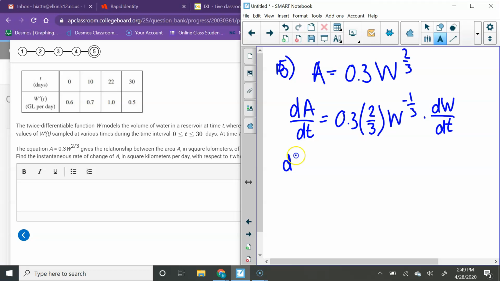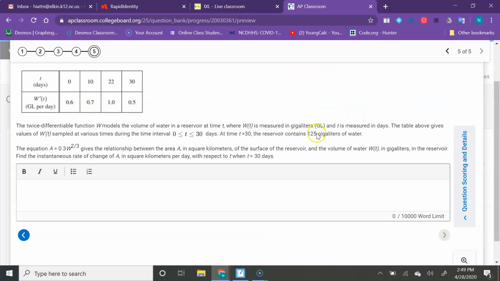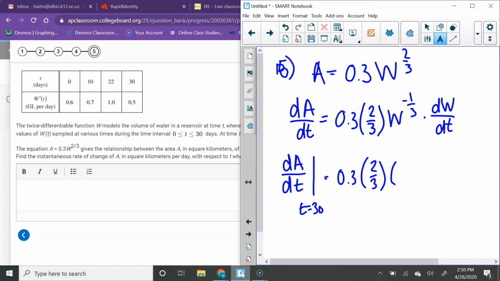And so if we're finding dA dt such that t equals 30, then that's going to be 0.3 times 2/3, and then W of 30 is going to be 125, because that was given to us in the original point. That's what we've used for all these other parts. So this is going to be 125 to the negative 1/3 times the derivative at 30. The table here tells us that is 0.5. So we could multiply this by 0.5.